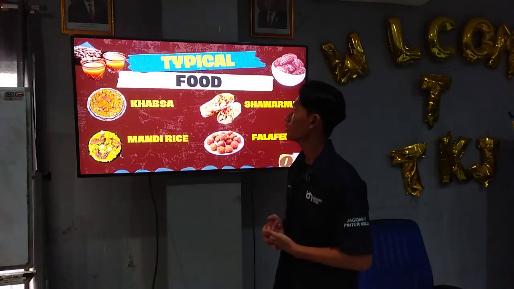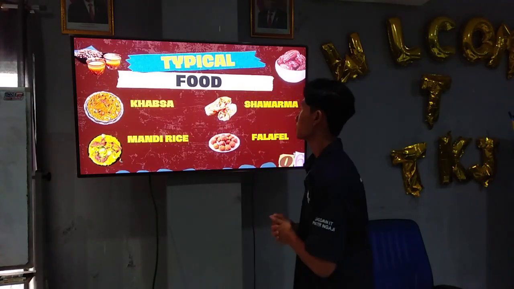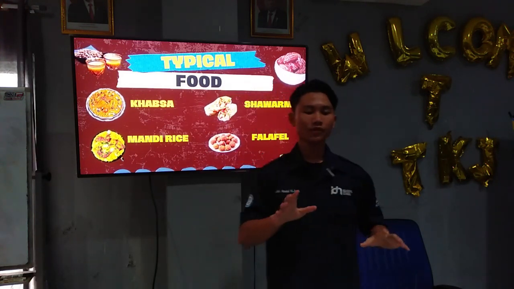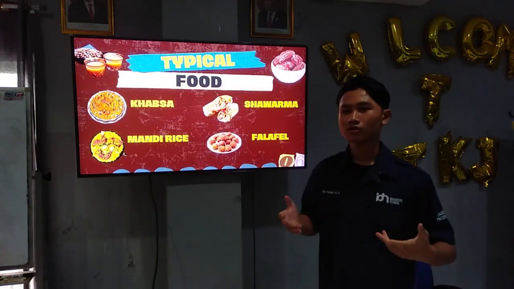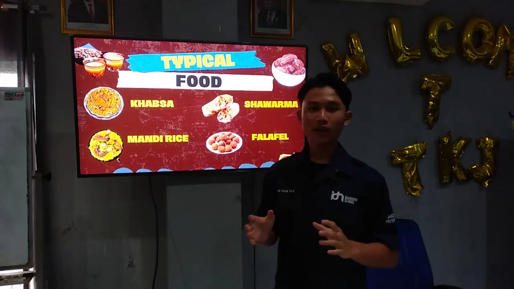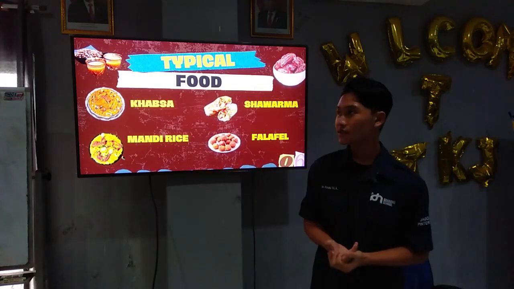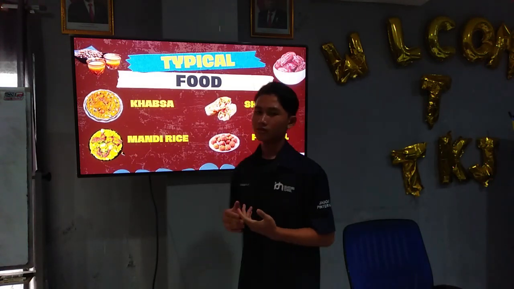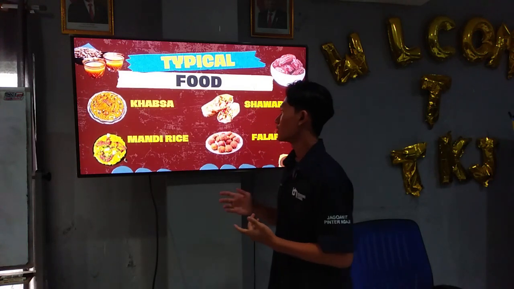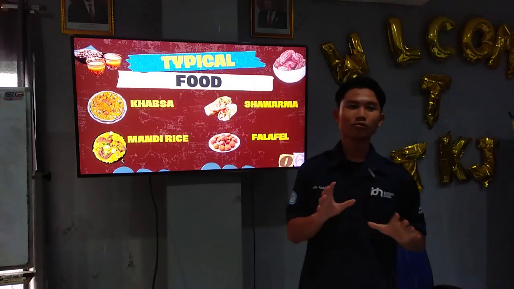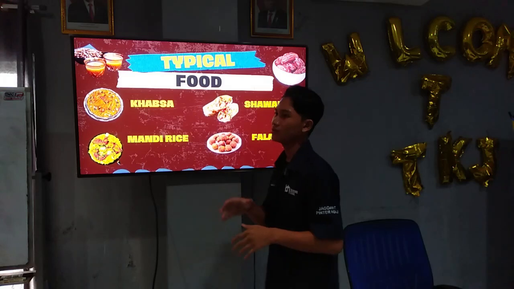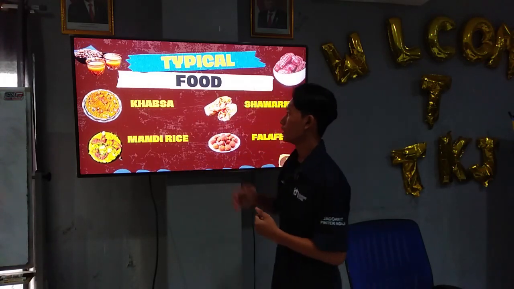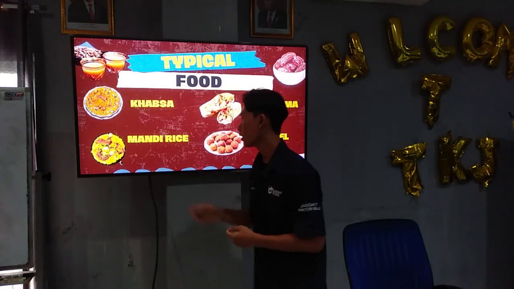Next, we discuss the typical food of Saudi Arabian people. As you know, one of the typical foods in the nation is so famous, like kabuli rice. Khabza is like kabuli rice, but different in seasoning and the meat used, and also mandi rice.